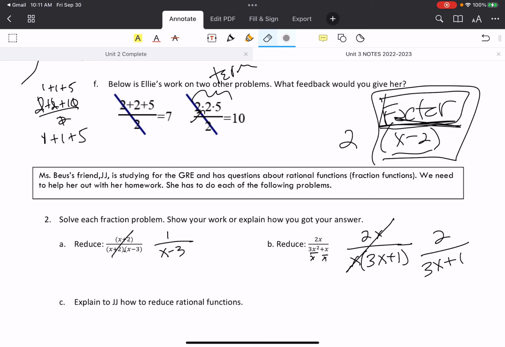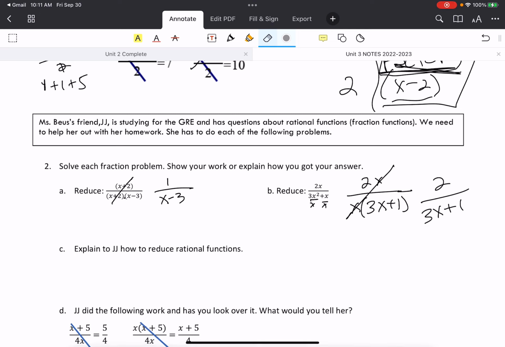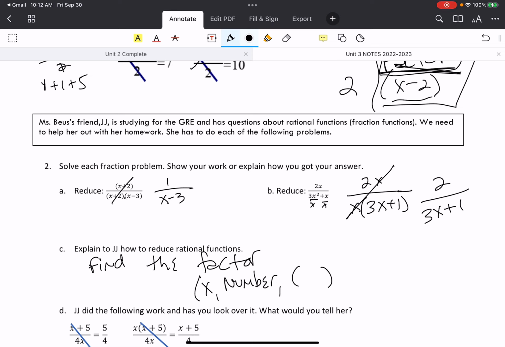Then what? Find the factor. Nailed it. She speaks. Wow. Find the factor. Now, sometimes that factor is x or a number, right? Or a parentheses factor like x plus r or something like that, right?